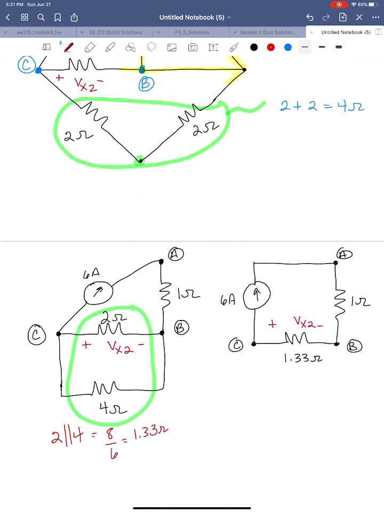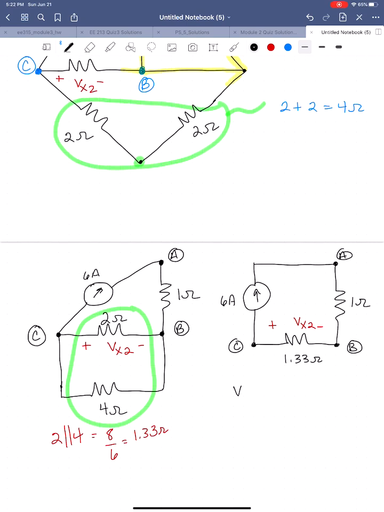All right, and so now we just have a very simple series circuit where this 6 amps of current is going to flow through each one of these resistors. Now the 6 amps is flowing in this direction here. It will flow from minus to plus with respect to that voltage through that resistor. And so we will need to adjust for that with our Ohm's law equation.